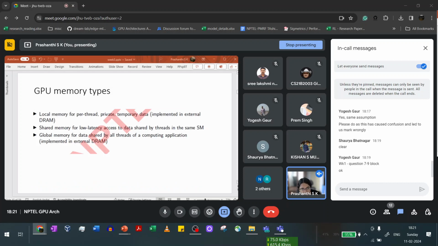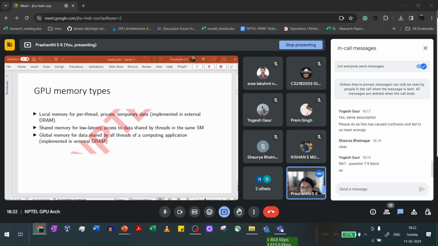Okay, with that, I think we also had one question on GPU memory types. So let's look at that. This is basically the analog of the CPU memory, right? We discussed cache memory, the registers, and then going lower, DRAM, and then storage. Similarly, you also have a GPU memory hierarchy, and I think briefly it was discussed in the lectures as well.